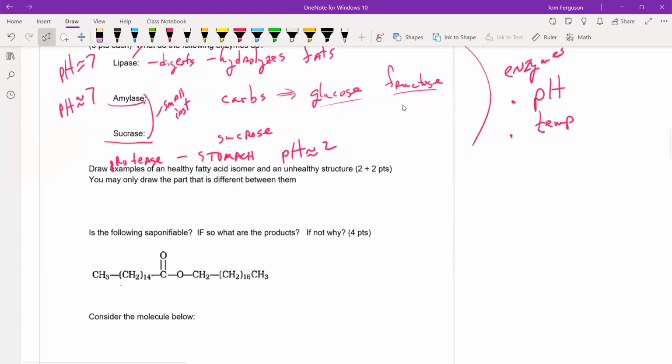Okay, draw examples of a healthy fatty acid isomer and an unhealthy one. Okay, well, omega-3s are considered healthy. Omega-9s and omega-6s are considered less healthy.